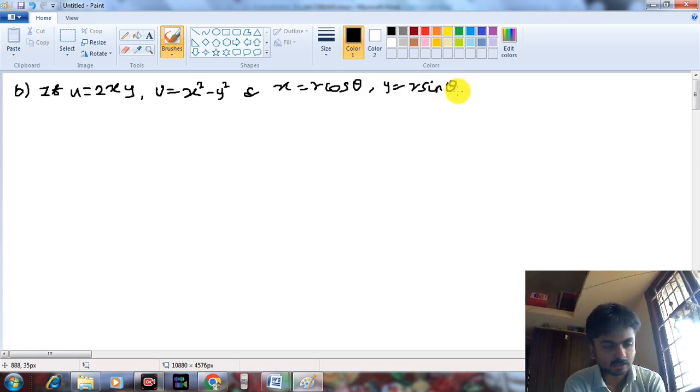Then we want to evaluate dou of (u, v) divided by dou of (r, theta) without actual substitution.